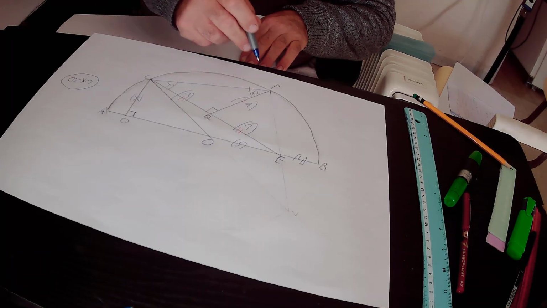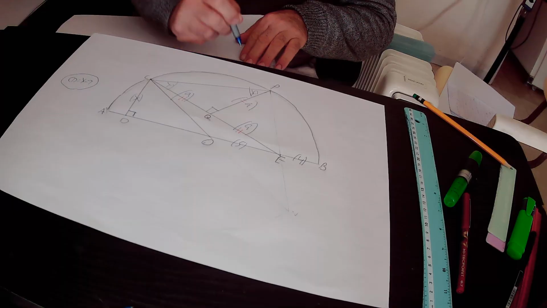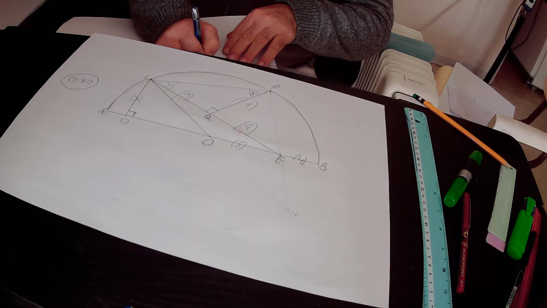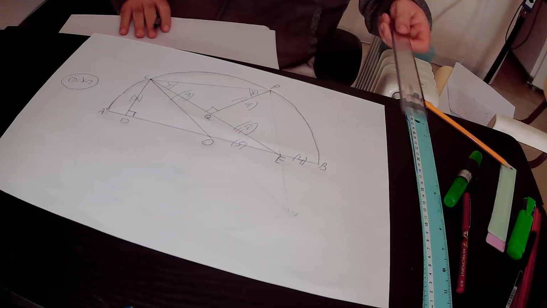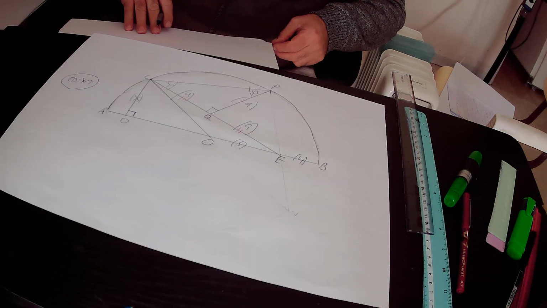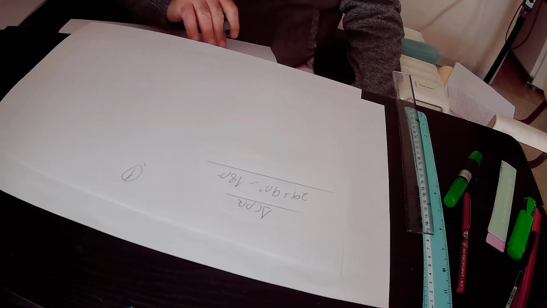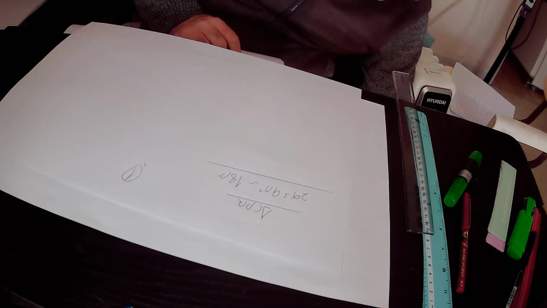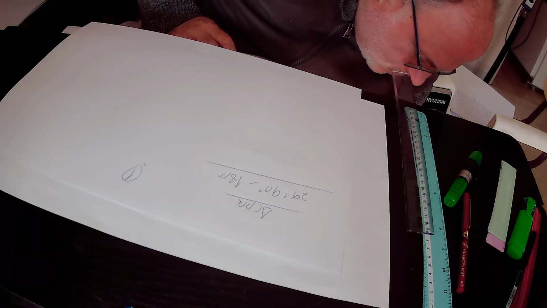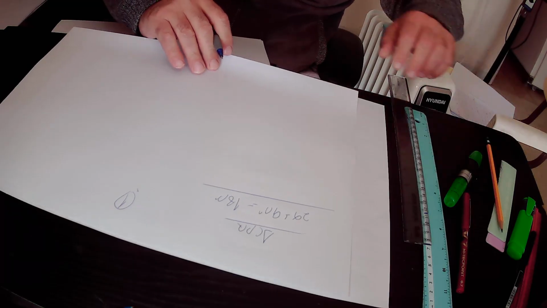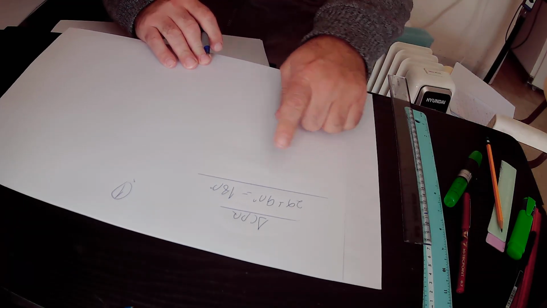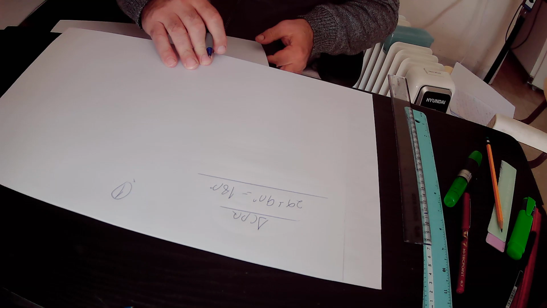That is to say, 2 alpha plus 90 degrees, in total, must be equal to 180 degrees.